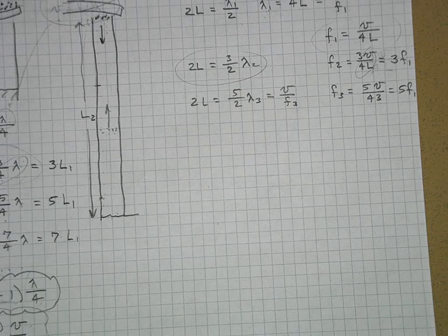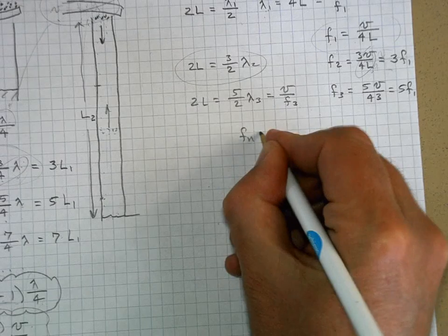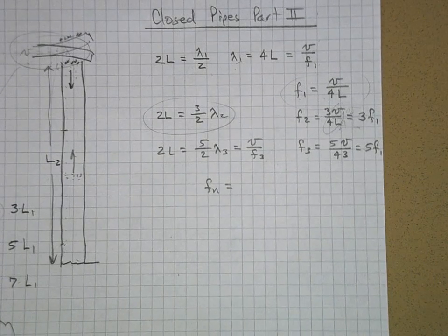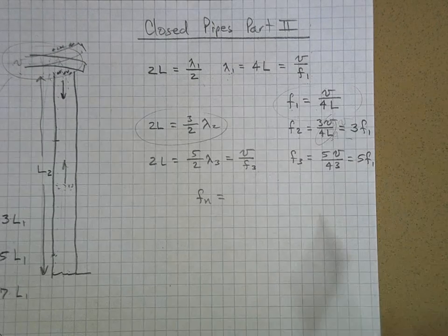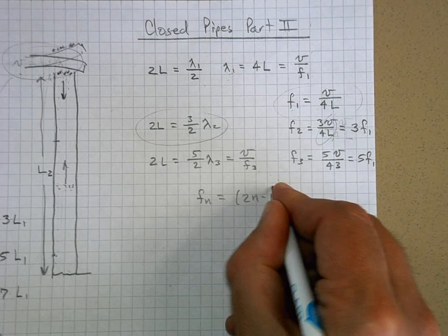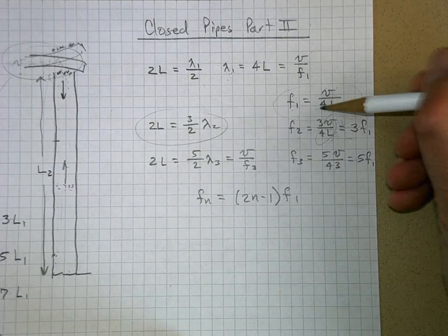I'm afraid when I play this, it's going to blow out my speakers. We'll see. So we can see that F sub n, the frequency of sound that's going to resonate, is going to be the odd numbers times F1. That's 2n minus 1 times F1. But F1 is the velocity over 4L.